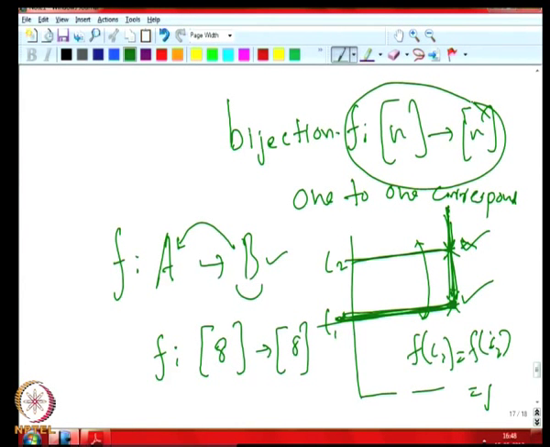So we are actually counting the number of bijections, and the number of bijections is easy to count.